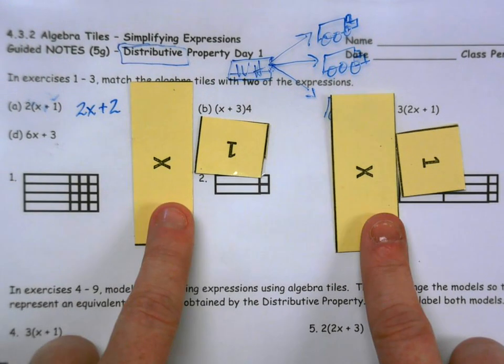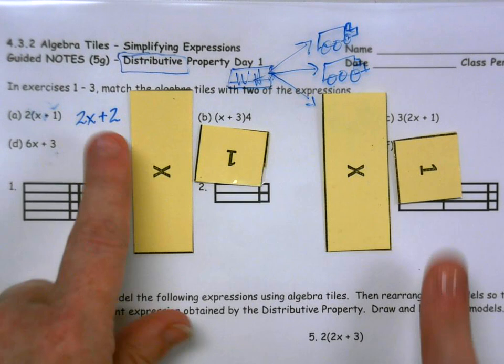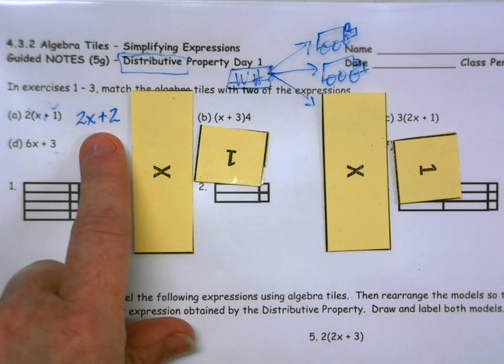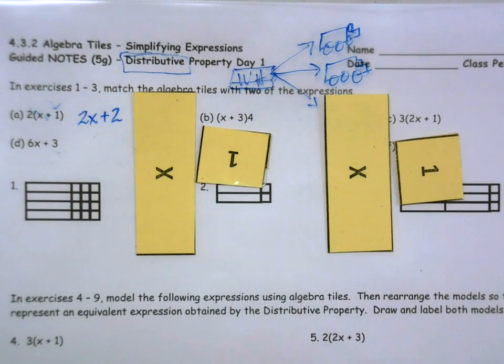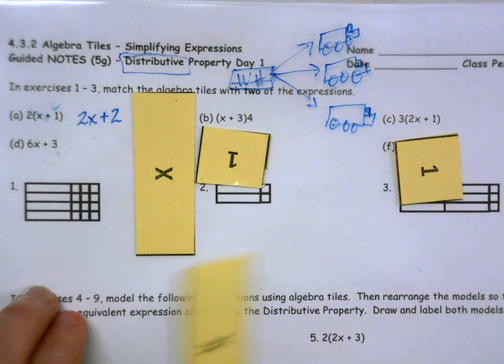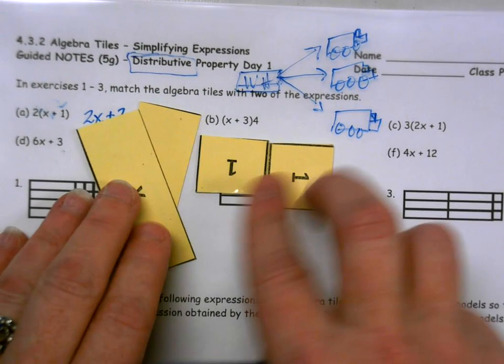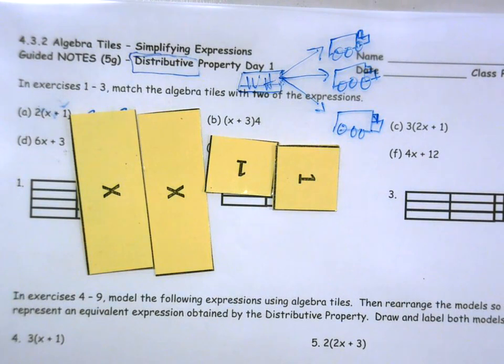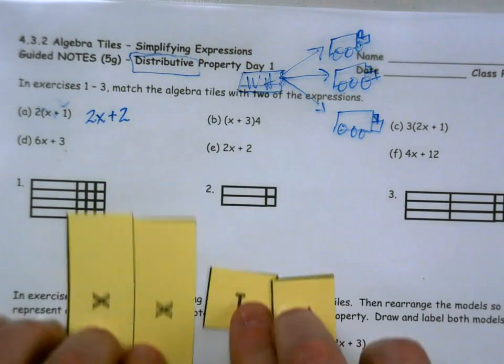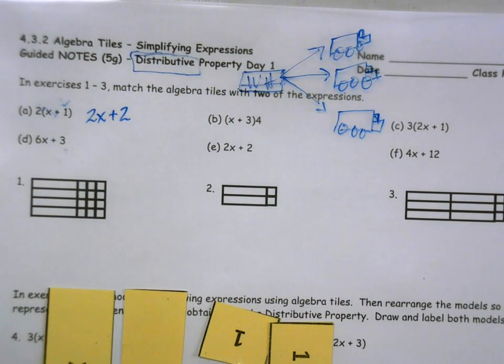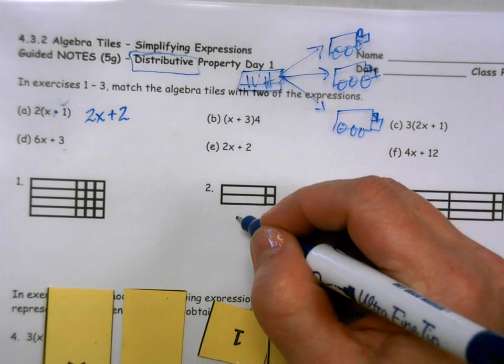So how do we simplify that into an algebraic expression? We count how many x's we have, we count how many 1s we have, and we write that. And so this is how it looks with algebra tiles. If I consolidate it with my algebra tiles, it's going to look like this, right? So which one of these drawings here would A go with? 2.